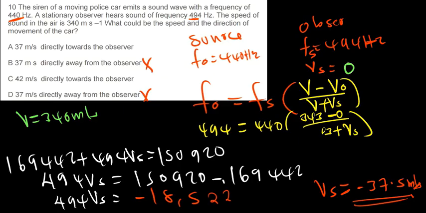They're the same, because this is saying directly away from the observer. Again, this one is saying directly away from the observer. So it has to be toward the observer. It is moving toward the observer. So the correct answer was A. So that is it for Doppler.